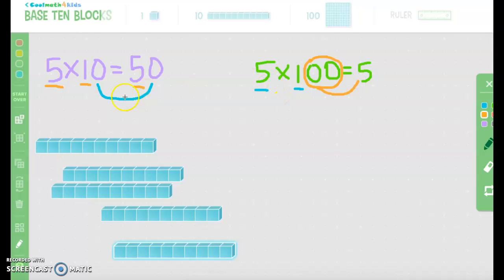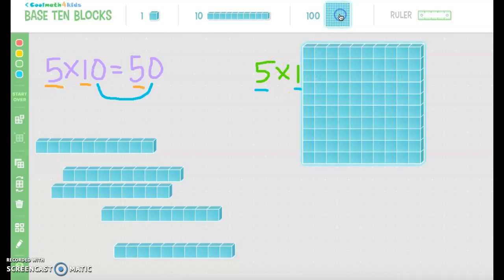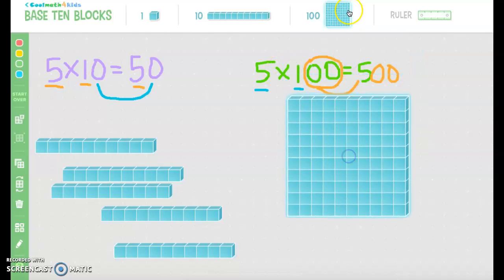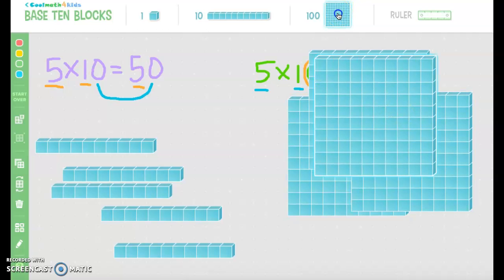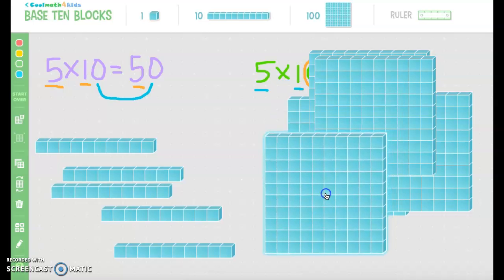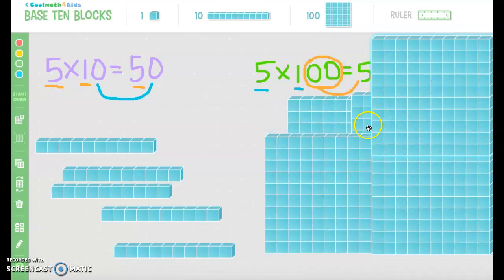Now here's why that works. If I have 5 groups of 100, I can go 1, 2, 3, 4, 5. And I can count them by 100. So I have 100, 200, 300, 400, 500.